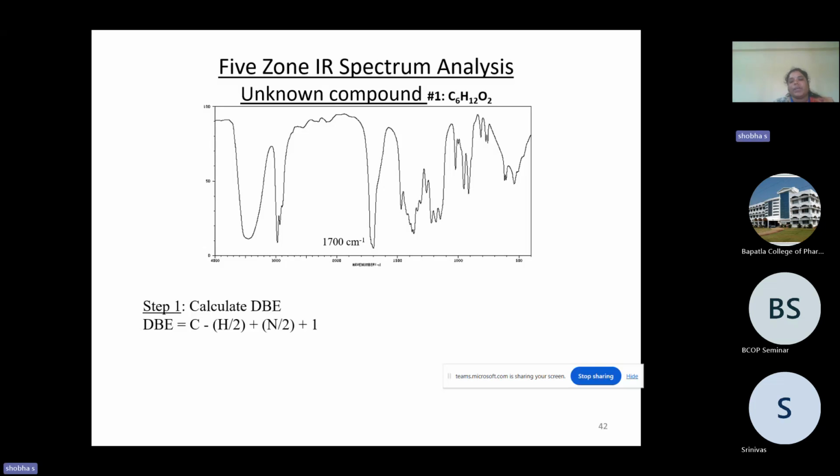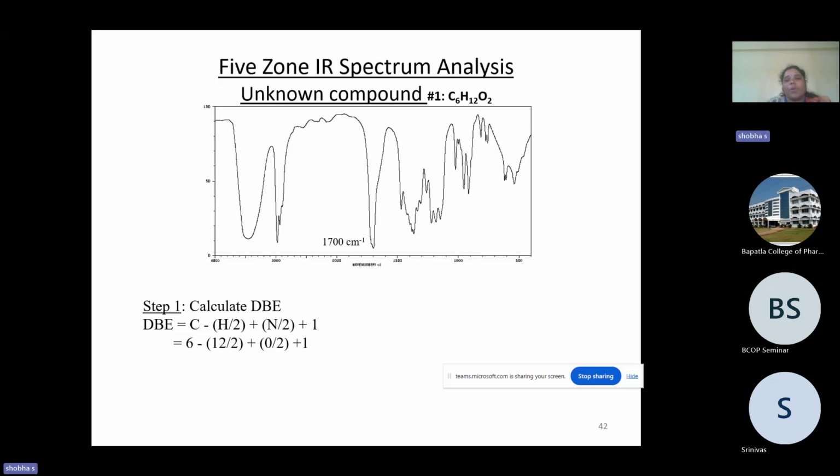So first we need to calculate the double bond equivalence by means of this formula: C minus H by 2 plus N by 2 plus 1. We need to substitute the number of carbons as well as the hydrogens as well as nitrogen. In place of nitrogen, we may use halogens also. From this, we come to know how many double bonds are there, whether it has a ring structure or aliphatic structure.